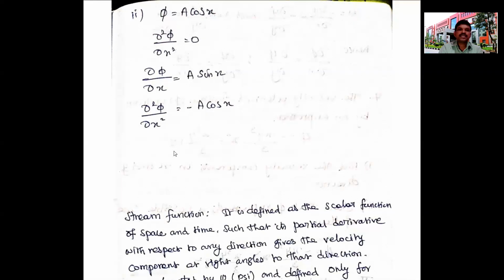So we didn't get 0. If the condition del squared phi by del x squared equal to 0 is satisfied, it is a velocity potential function. But here we didn't get 0, so this is not a velocity potential function.